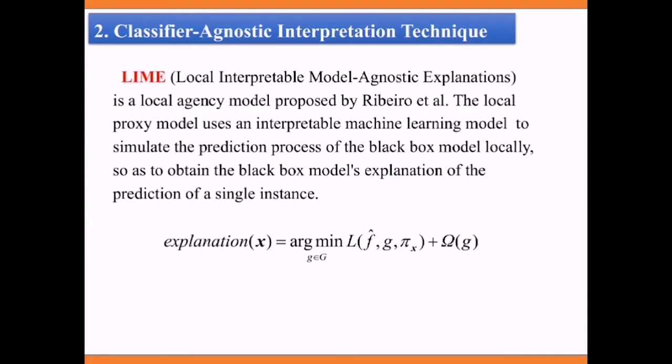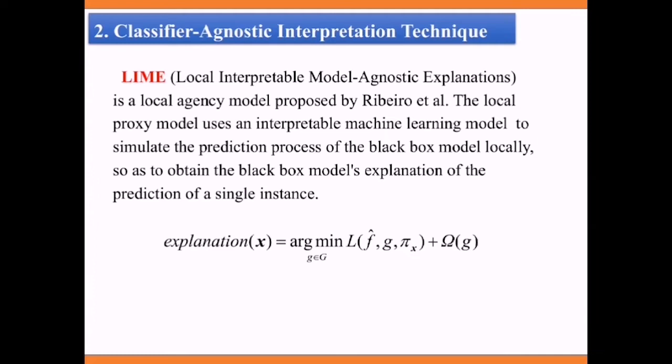Now we will introduce the 3 CA methods. LIME is a local surrogate model proposed by Ribeiro. The model uses an interpretable machine learning model, such as linear regression or decision tree, to locally mimic the prediction of the black box model.